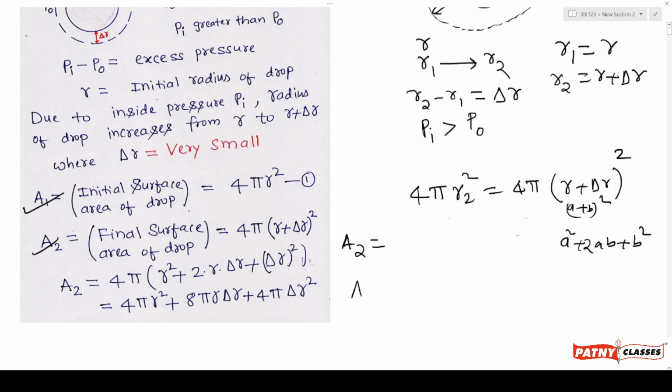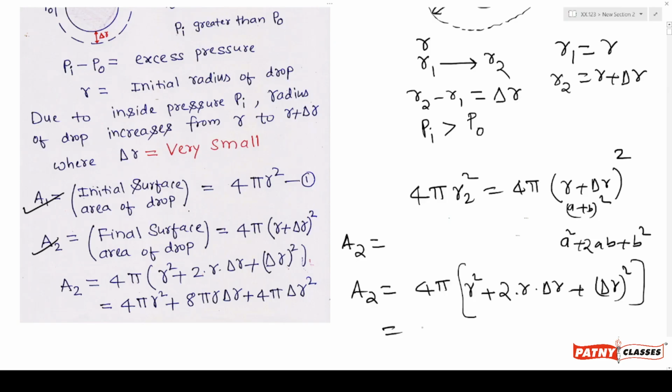So we get A2 equals 4 pi into r square plus 2 r delta r plus delta r whole square. Opening the bracket, we get 4 pi r square plus 8 pi r delta r plus 4 pi delta r whole square. That is A2.